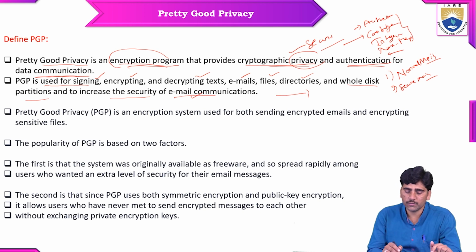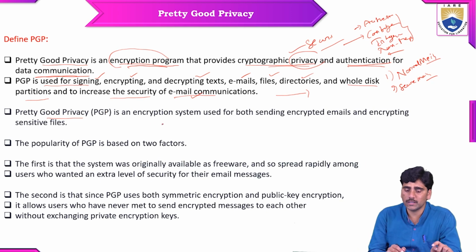And it is not only for security, it is also for digital signing of the data, encrypting the data, decrypting the text, emails, files, directories, everything you have to keep for privacy and authentication purposes. Pretty Good Privacy is an encryption system.